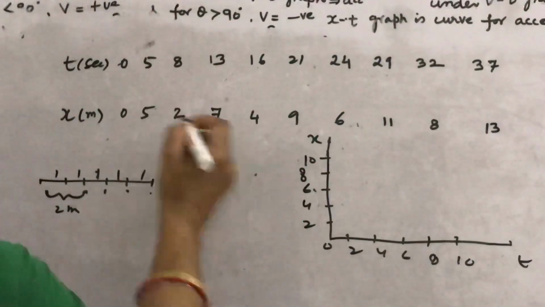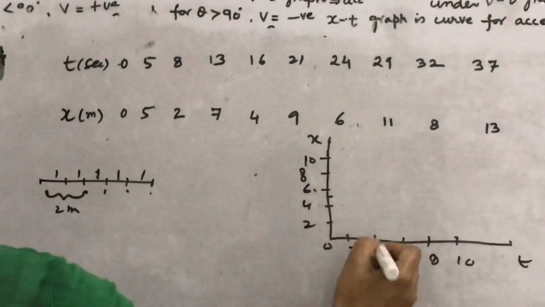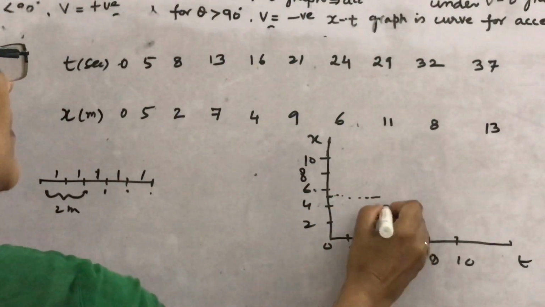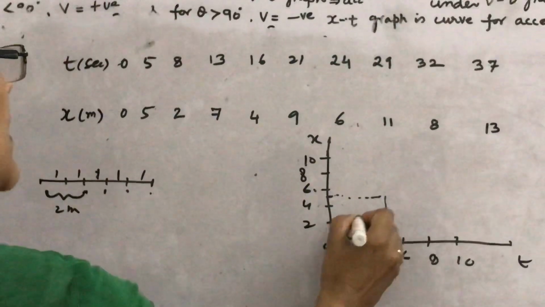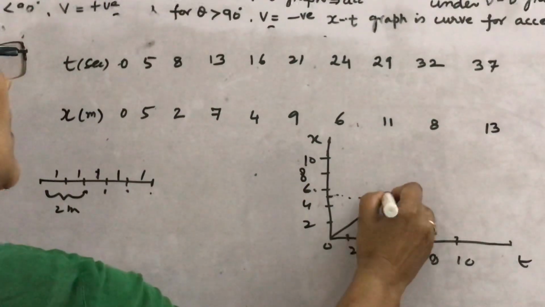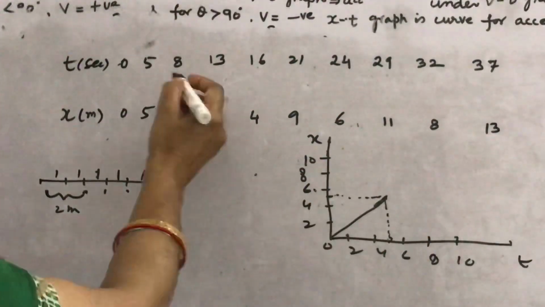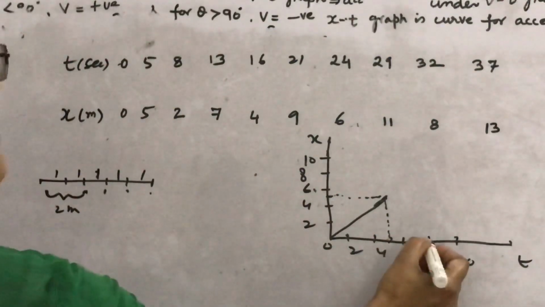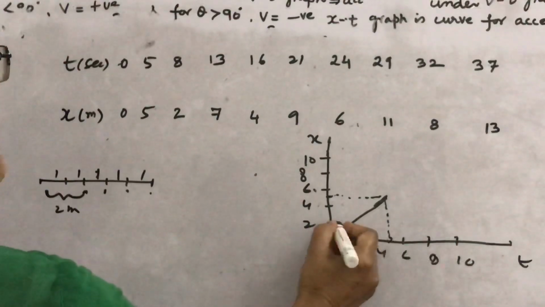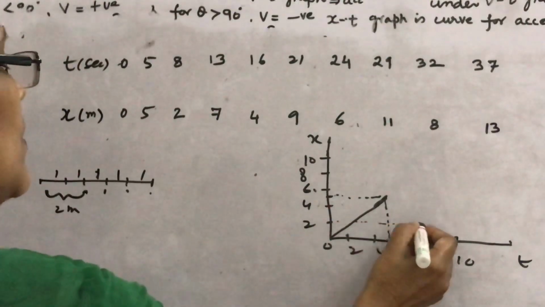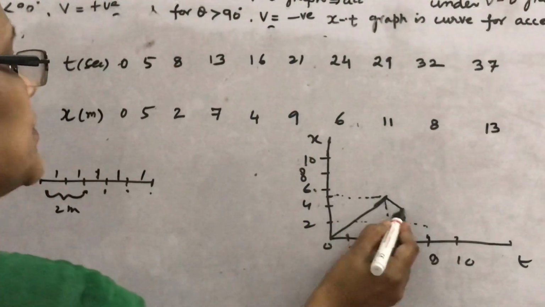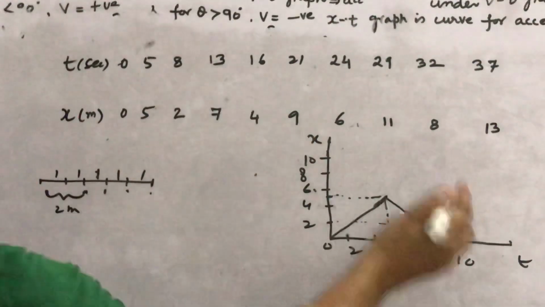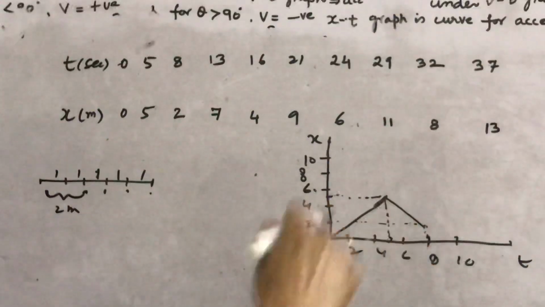Both are 5, so suppose this is 5 and here this is 5, you join them, and the graph will be like this. What happens then? Time is 8 seconds but position becomes 2. So at 8 seconds the position is 2, and you will join this one. Again from 8 to 13, time is 13, you will count and plot the graph like this.